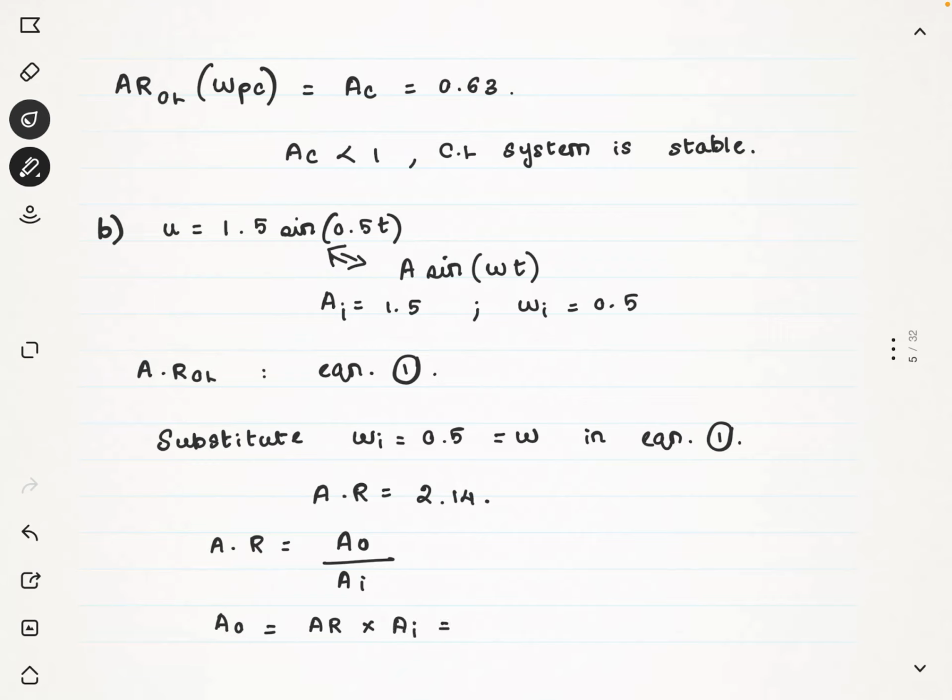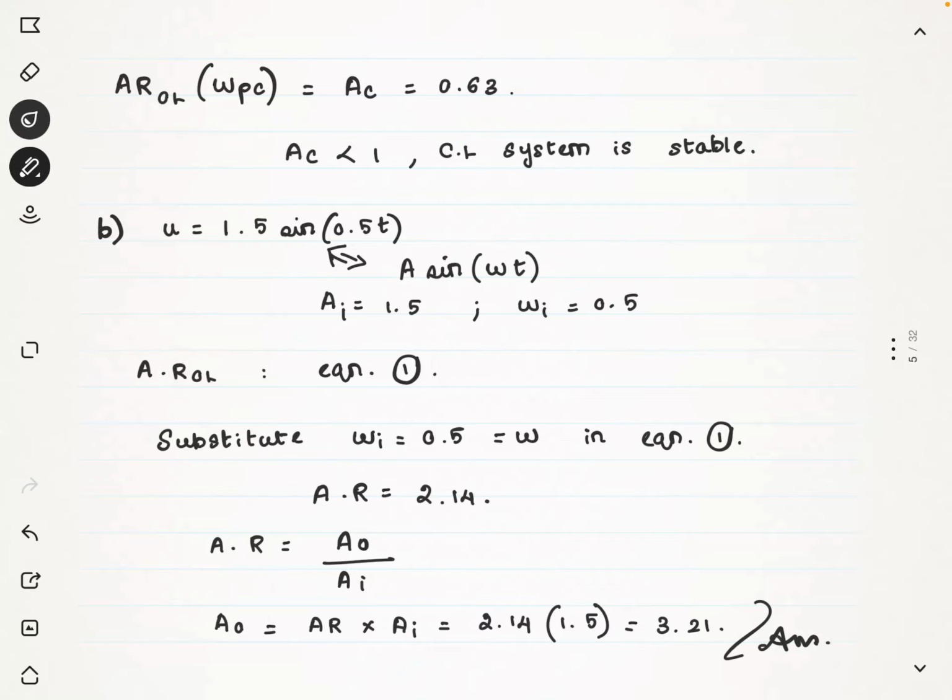So from the question, we know that the input signal is of amplitude 1.5. So the amplitude of the output signal will be 2.14 into 1.5, which will be equal to 3.21. So if you look at question B, under open loop conditions, we have been asked to find the amplitude of the measured output signal if the input signal is 1.5 sine 0.5 t, and so this will be the answer for the second subdivision.